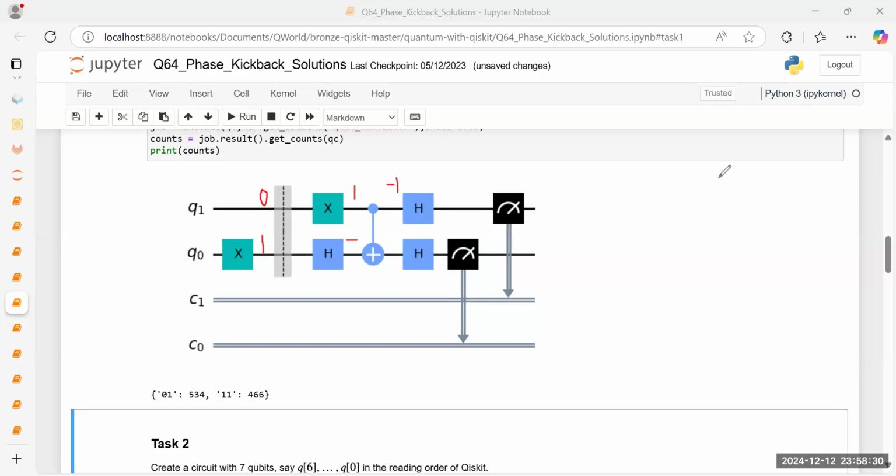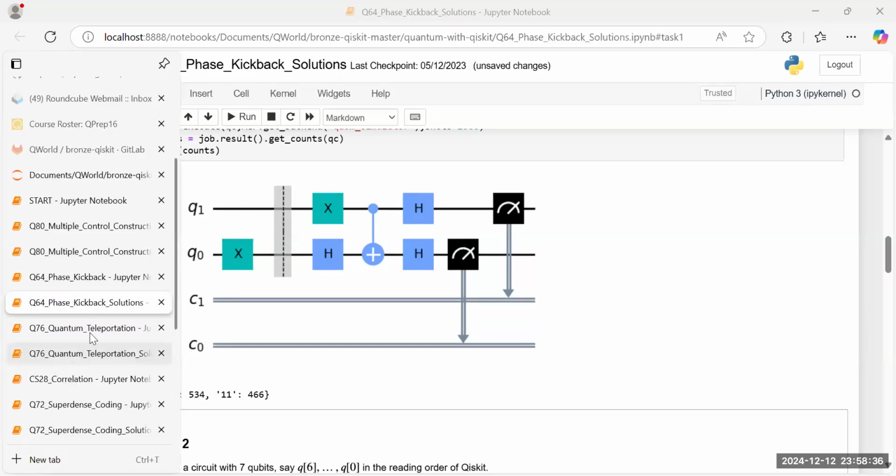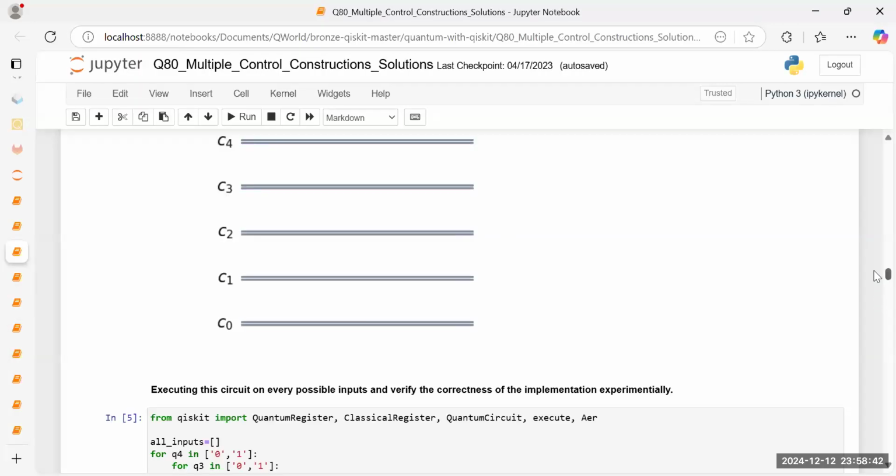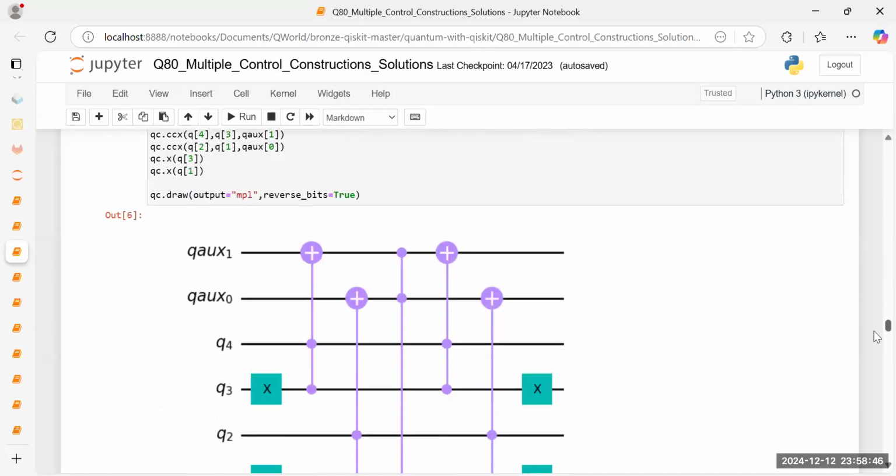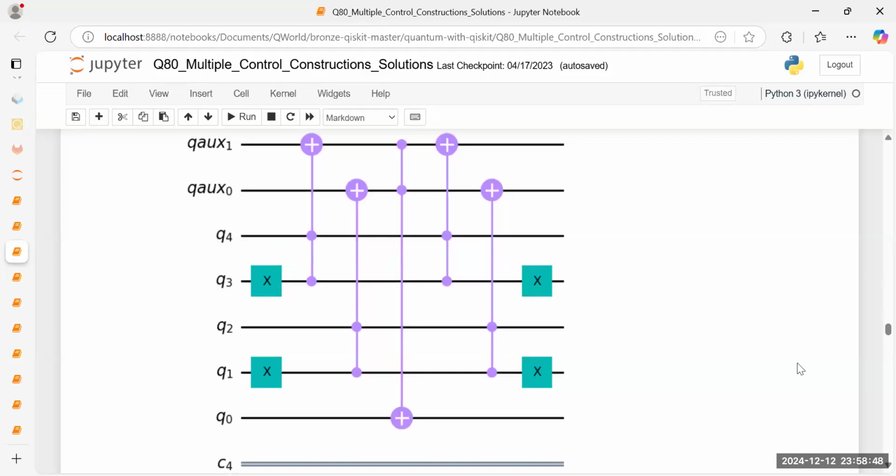So let's say in our multiple control constructions notebook, for example here, let's say we had the minus state here.